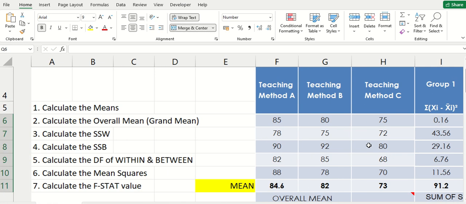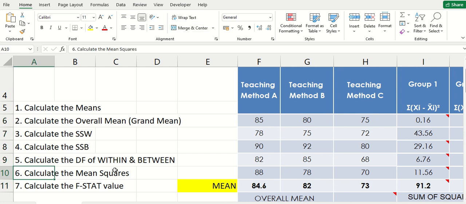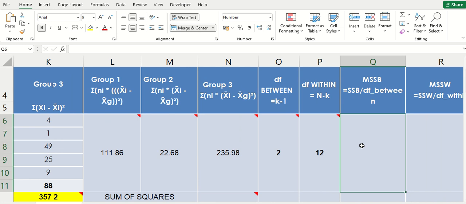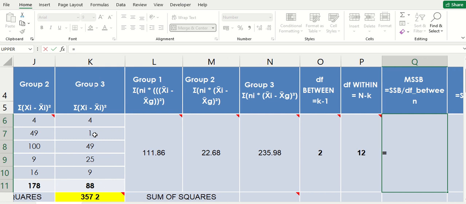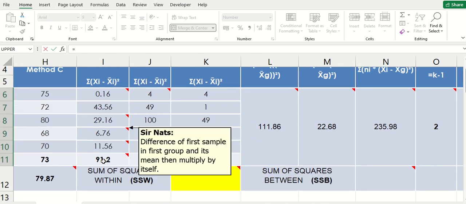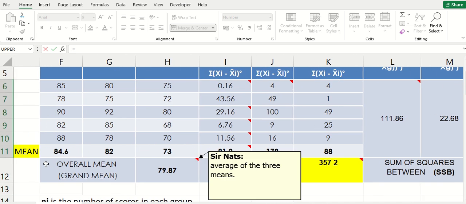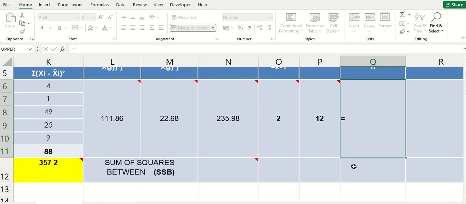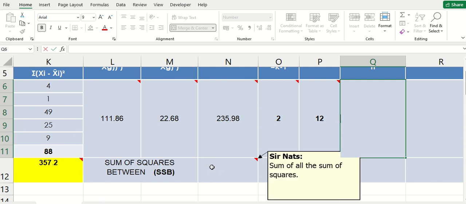Then, let's compute the mean squares of within and between. There's already a formula there. You just have to follow, like sum of squares between. What is our sum of squares between? Oh, sorry, we forgot. There's no value of the sum of squares between.